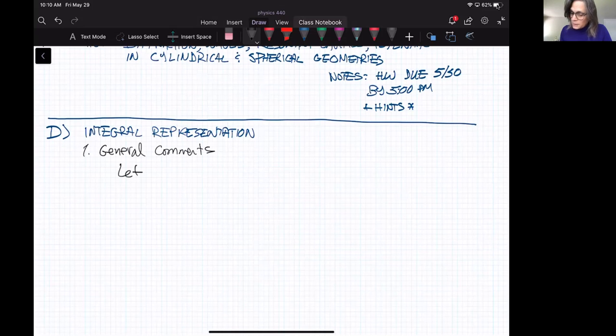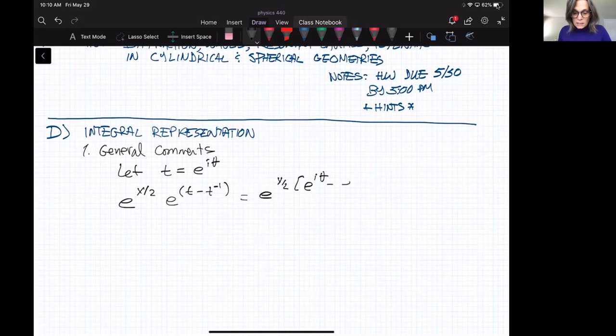So what we're going to do instead is look at, say, the function t is equal to e to the i theta. The reason why is that we can go back to our generating function, e to the x over 2 times t minus 1 over t. That's just those two different pieces. So that we can write this as e to the x over 2 times e to the i theta minus e to the minus i theta, which just seems like it's even more trouble than it's worth.